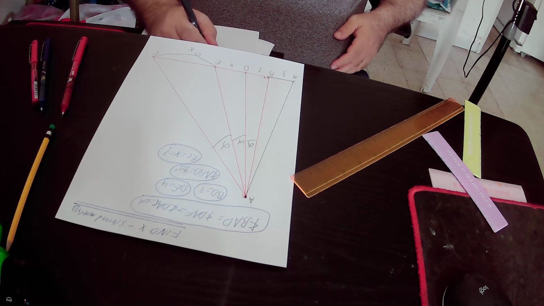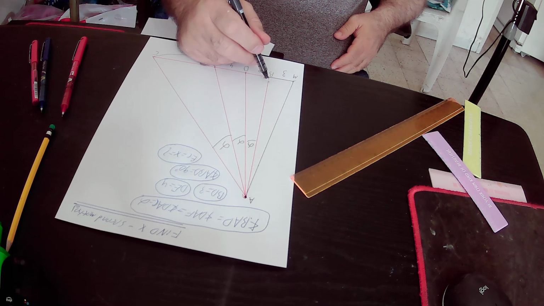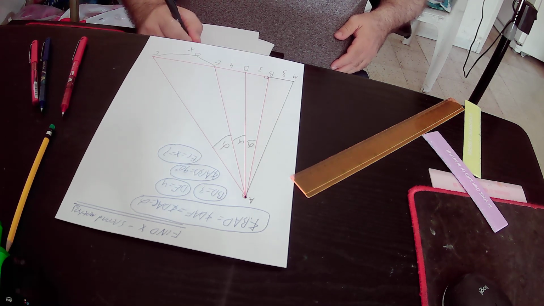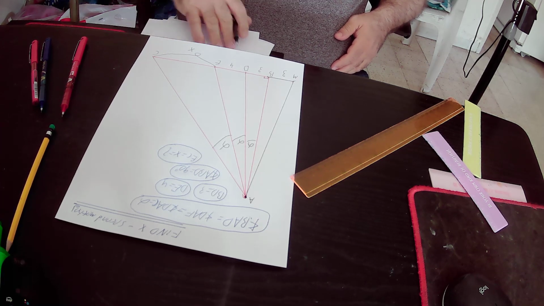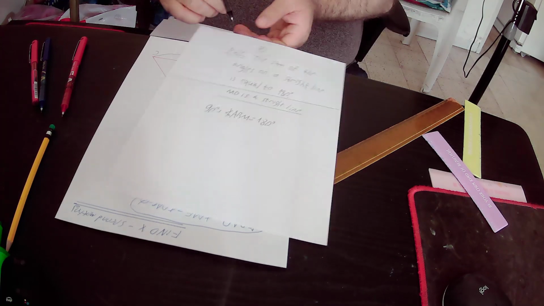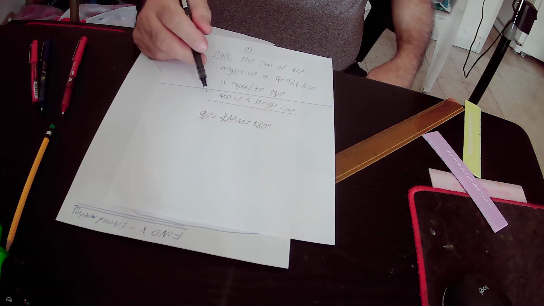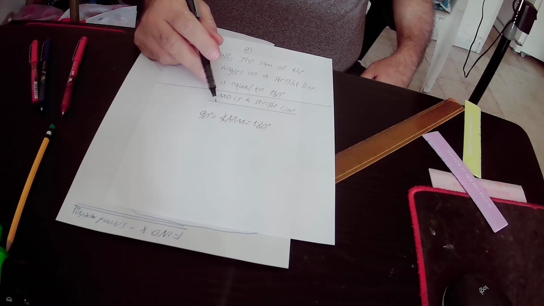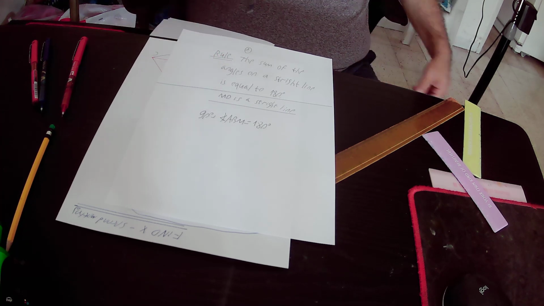So we have 90 degrees plus the size of this angle, that is actually angle ABM, must be equal to 180 degrees according to this rule.